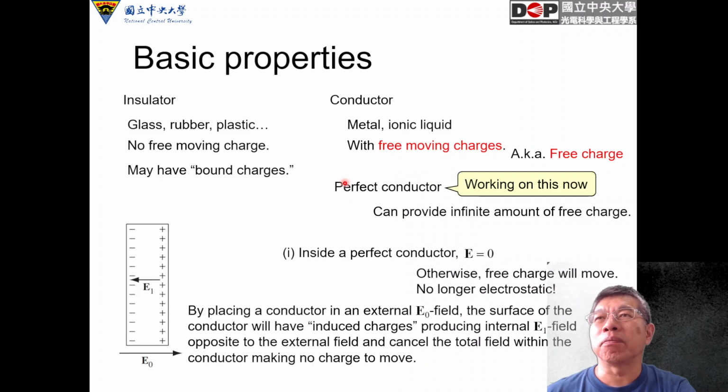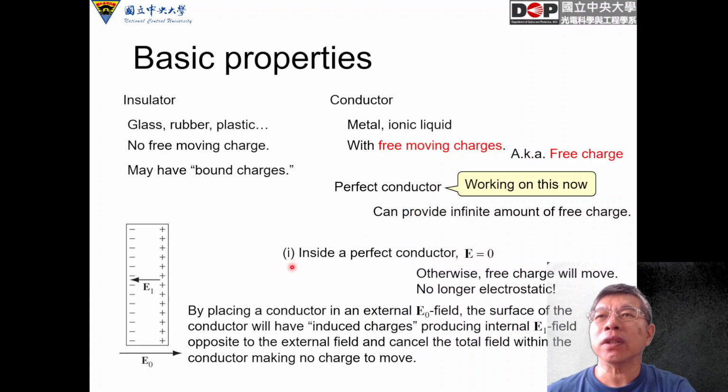We are here to discuss the perfect conductor. Another way to describe it is that a perfect conductor can provide an infinite amount of free charges. Of course, this is not possible for real material.